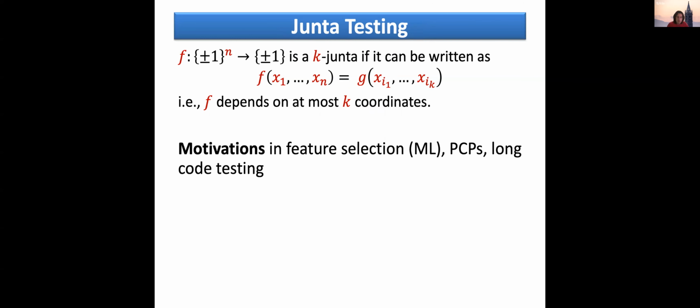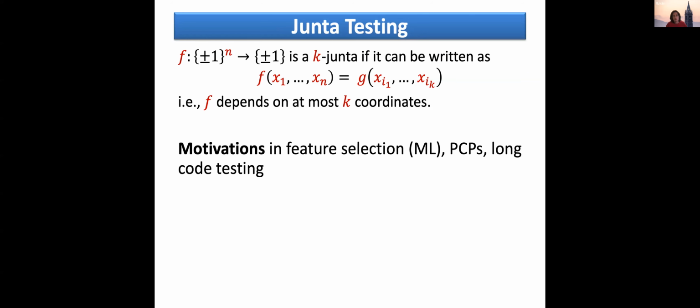So this is motivated by the fact that many interesting function classes are just subclasses of k-Juntas. For example, s-term DNFs or CNFs, or small formulas, or small branching programs. Many of these are just subclasses of the k-Junta class, and very well studied throughout theoretical computer science. Another natural motivation comes from machine learning.